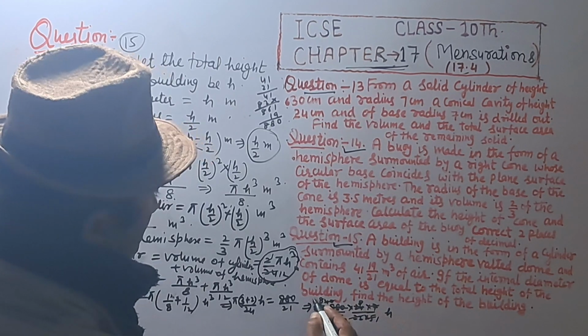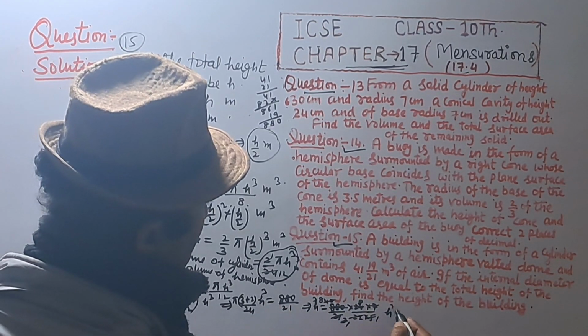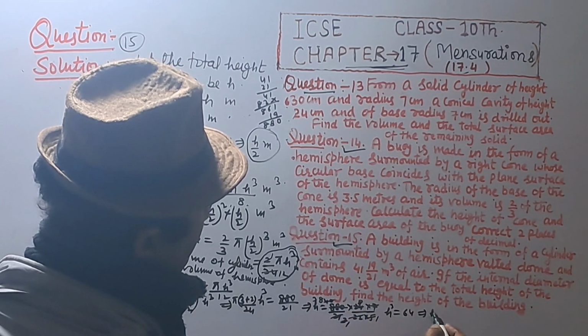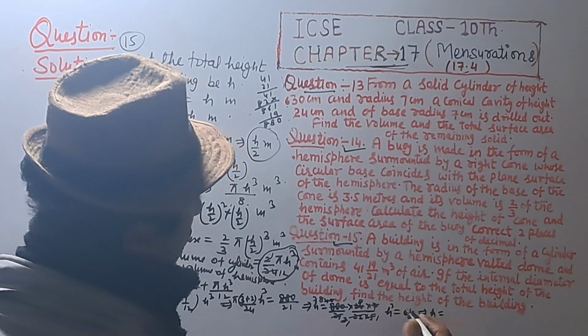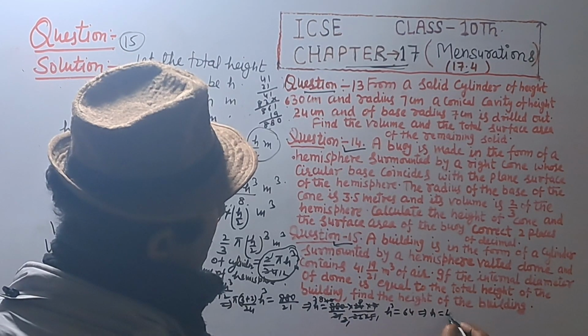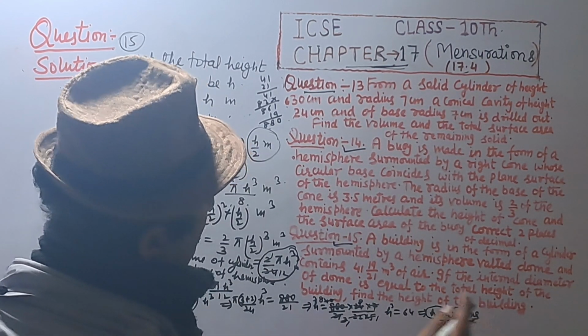So h cube is equal to 8 8s are 64, which implies height is equal to 4 4s are 16, 16 4s are 64, height is equal to 4 meter. Answer.